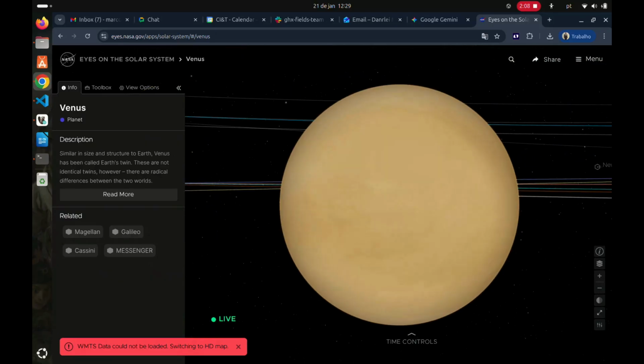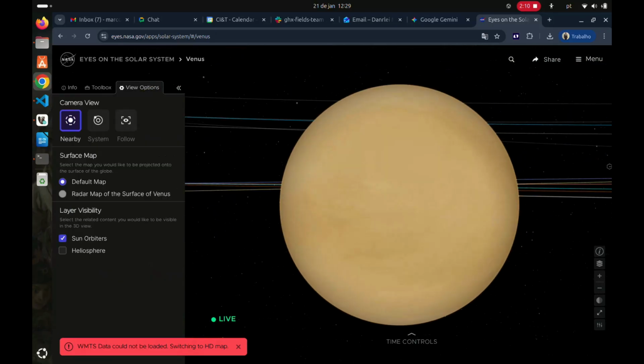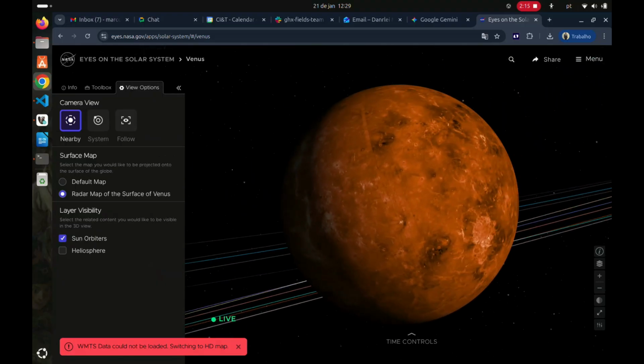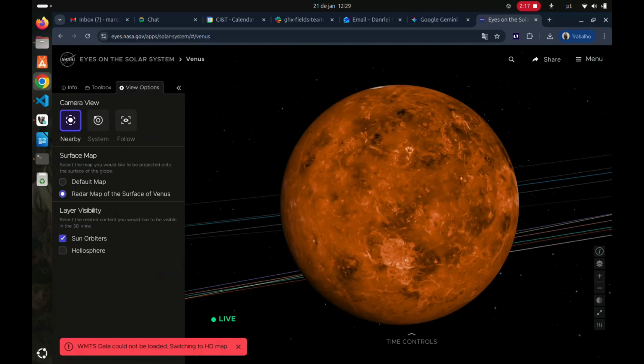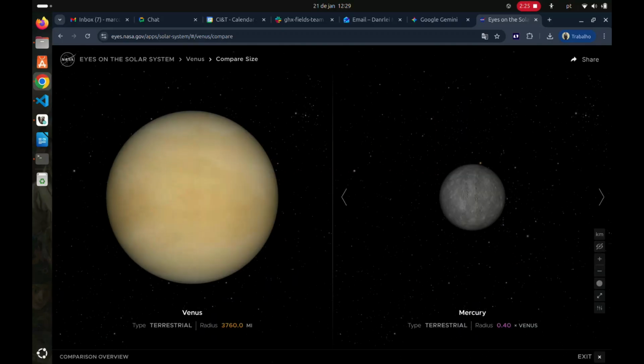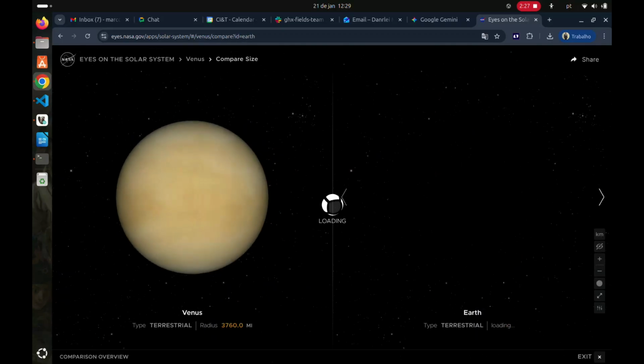Here it's Venus. So this is an illustrative representation of it. And here we're gonna compare the size. There was a tool here. Compare the size. This is the Mercury, Earth.